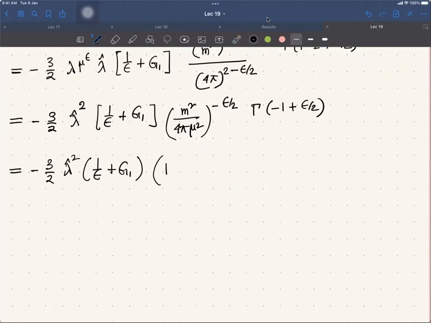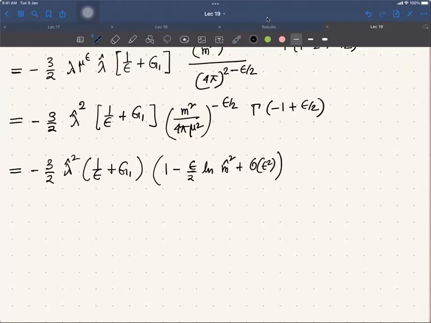This is m hat squared to the power minus epsilon by 2, which is e to the power minus epsilon by 2 log m hat squared. So 1 minus epsilon by 2 log m hat squared plus order epsilon squared.